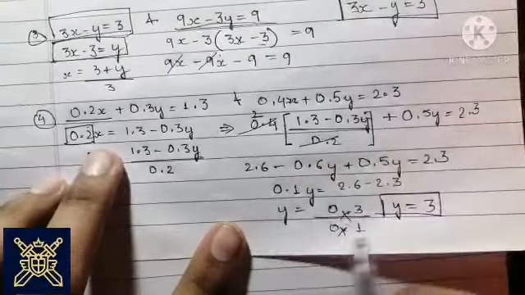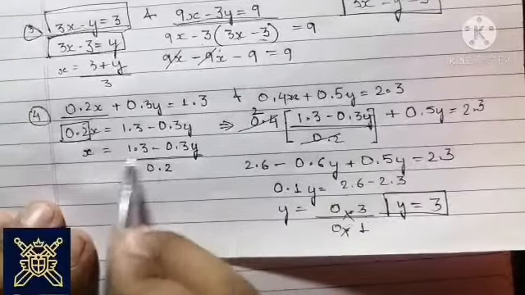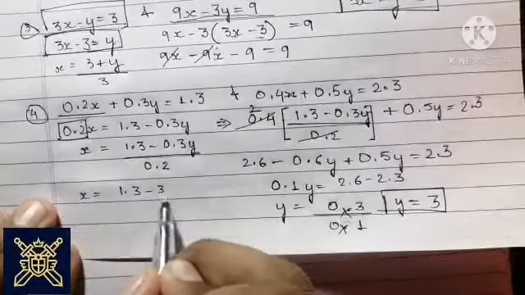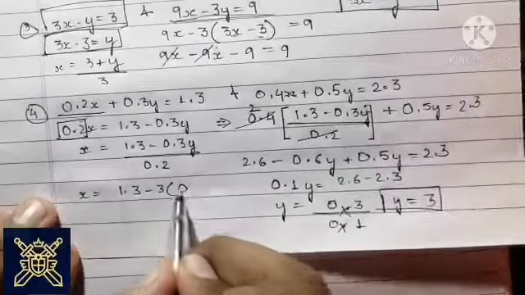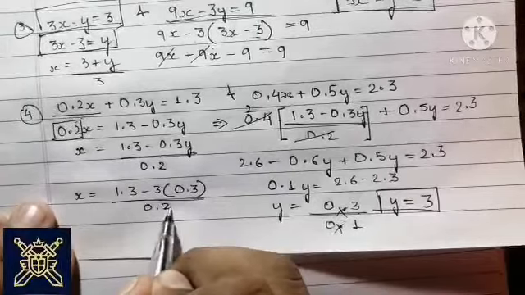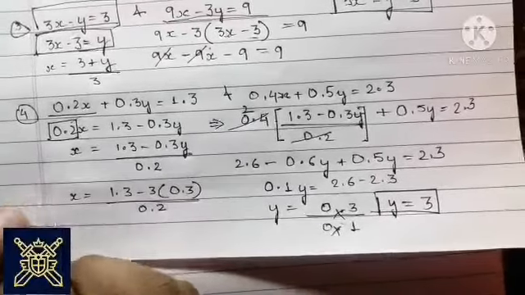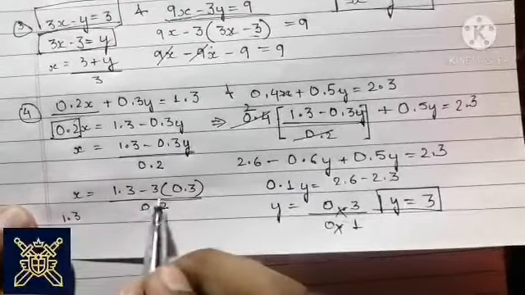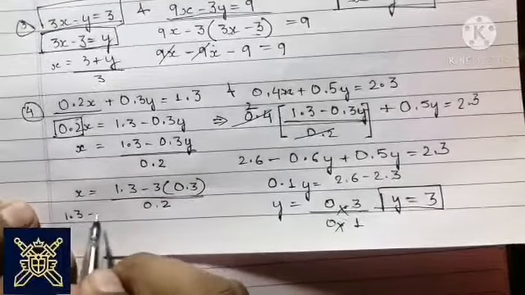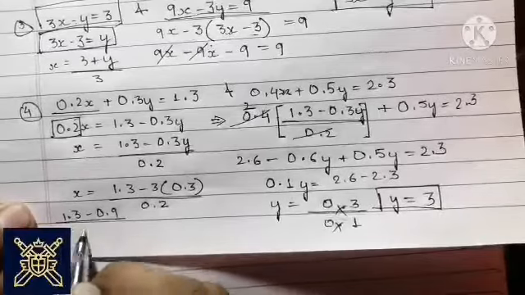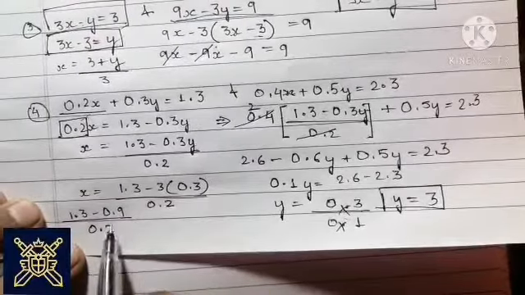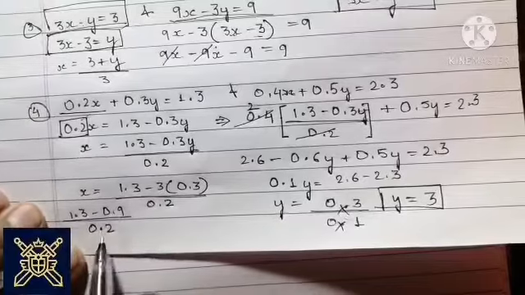And now we put this value in one of the equations. Let's take this only. So x is equal to 1.3 minus 3 into 0.3 upon 0.2. So here you have 1.3. 3 into 3, 3 3s are 9, so you get 0.9. So 1.3 minus 0.9 upon 0.2. 1.3 minus 0.9 will give you 0.4 upon 0.2.